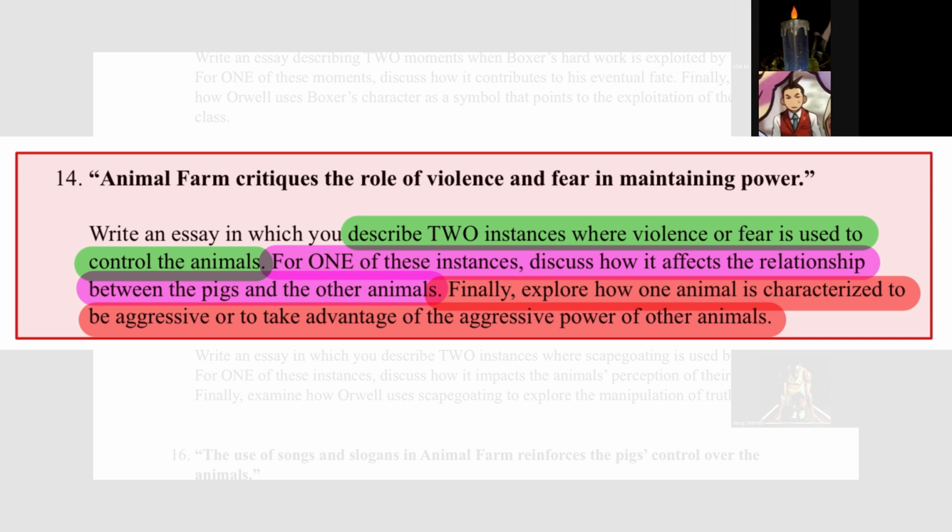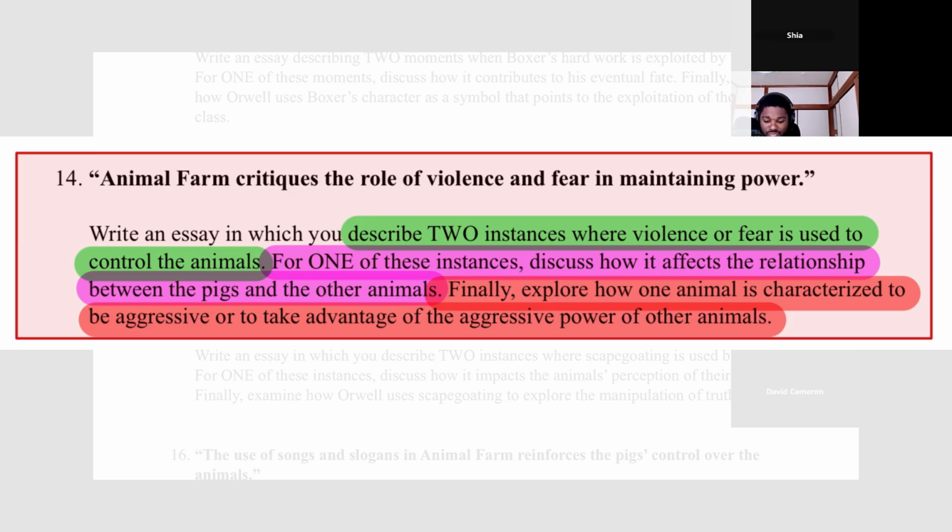And in the whipping instance, if I am remembering correctly, I think they became fearful or something like that. And then for the last part, Napoleon uses the dogs to be aggressive. Yeah, pretty much. And that could be fleshed out into a nice essay answering each part of this question.